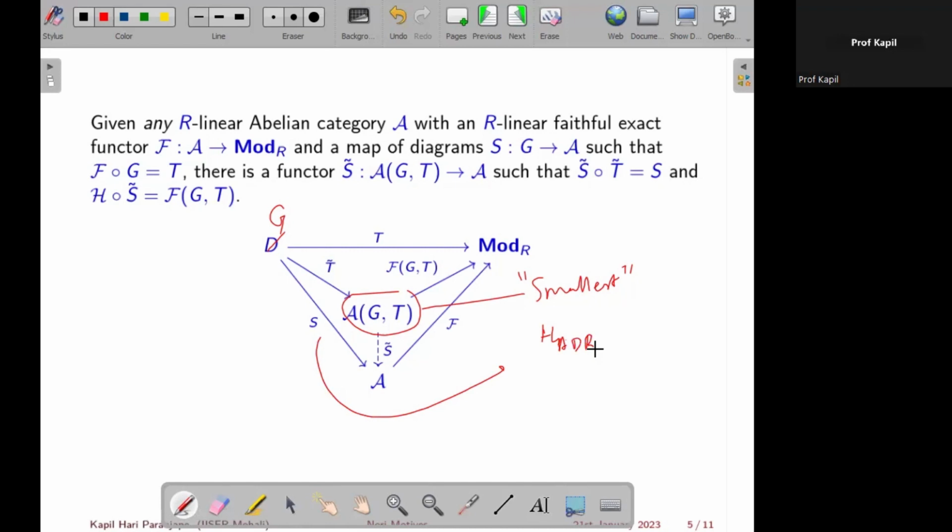You could take l-adic cohomology, or if you are very fancy, you could take crystalline cohomology also.